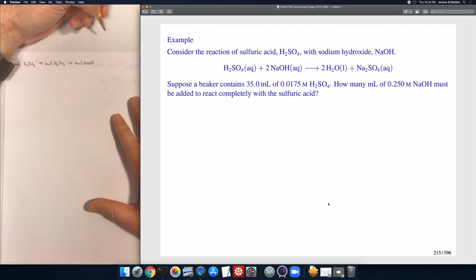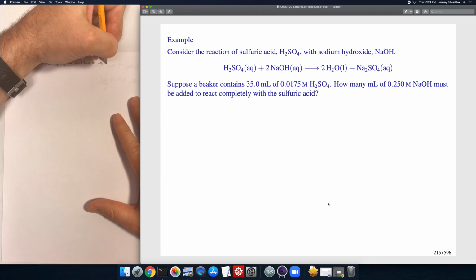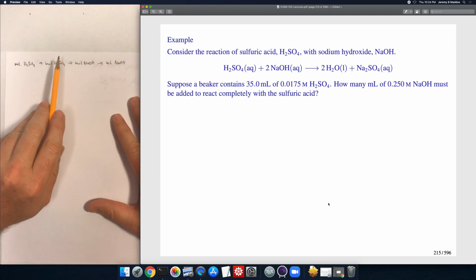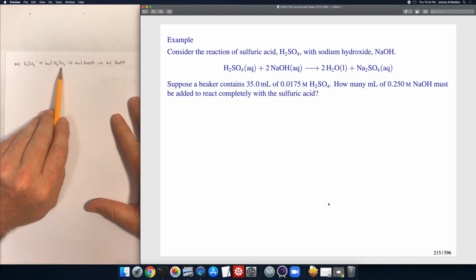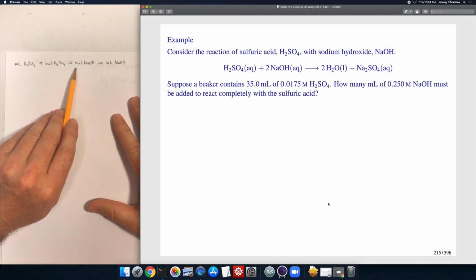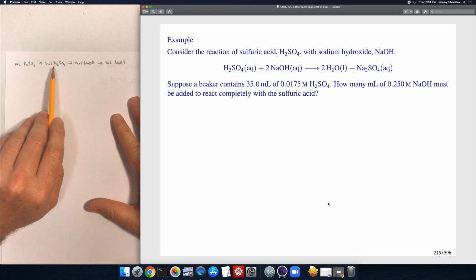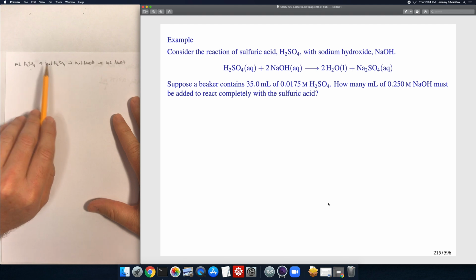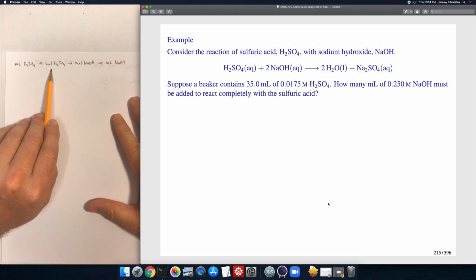And then, using the molarity of the sodium hydroxide, we're going to convert that to the milliliters of the sodium hydroxide solution. So you'll see here in the middle of the conversion strategy, this is just a mole-to-mole conversion using the chemical reaction. And in order to get down to the mole level, we are going to use the molarity as a conversion between the volume of a species and the number of moles.